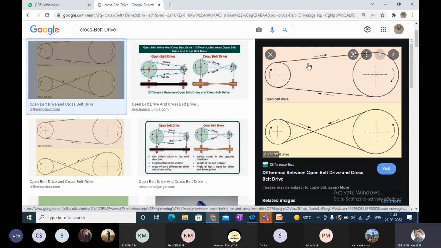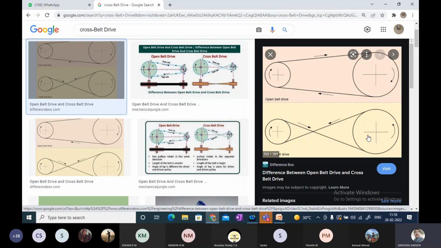For the same center distance and similar geometrical positioning, the cross belt drive has maximum contact with the pulleys, so there is maximum grip and maximum friction. Due to this, it can carry the driven pulley along with it.